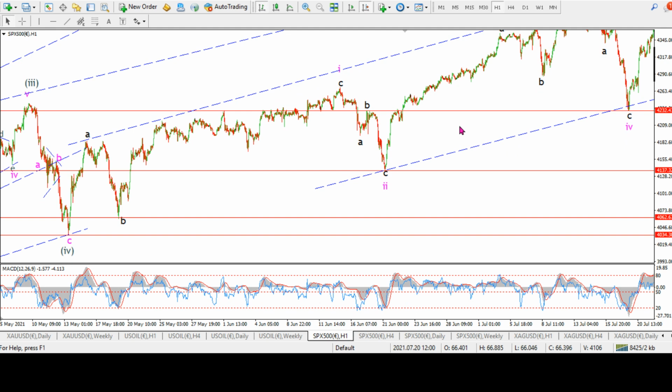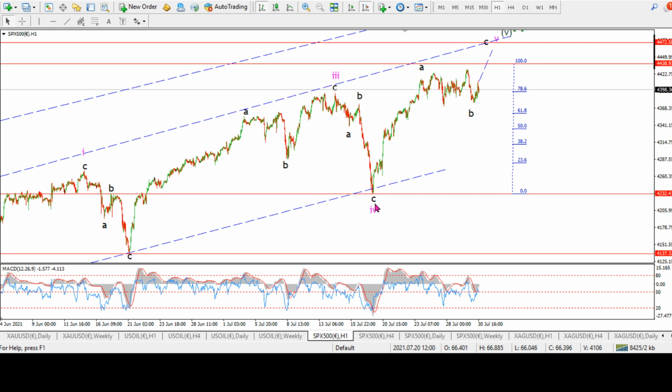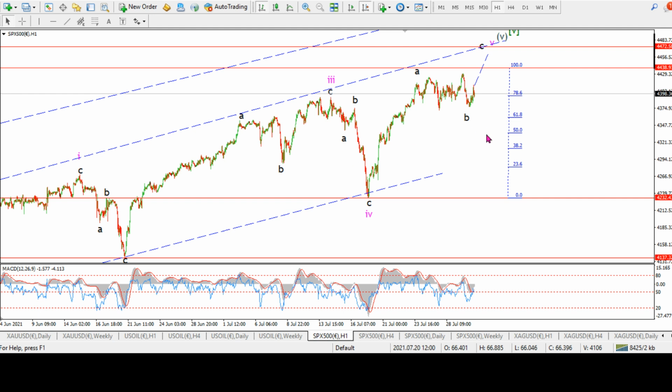I'm tracking this expanding wedge diagonal pattern. So it's an ABC up in wave 1, ABC down in wave 2, ABC up in wave 3, ABC down in wave 4, and then maybe an ABC pattern tracking higher right now in wave 5. You can split hairs on this one.